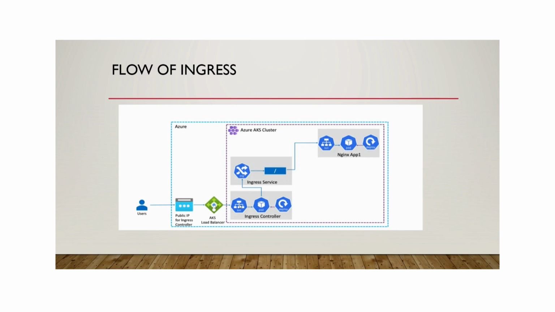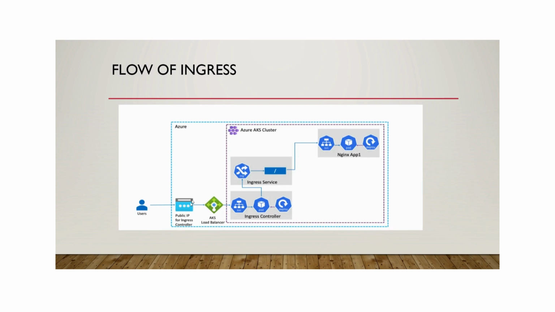Now inside the Ingress controller we have a service and pods. Why do we have a service over there? Because inside the Ingress controller we will be having multiple Ingress pods, so to serve the traffic we will be using a service there as well. That is the inbuilt feature of Ingress. So now it will go to the service of the Ingress, and from the service it will go to one of the pods.